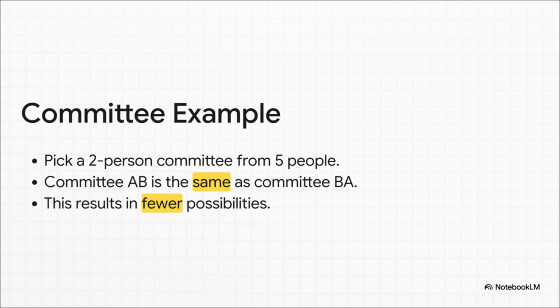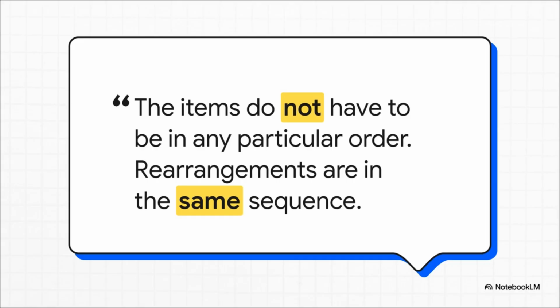So, is a committee of A and B any different from a committee of B and A? Nope. It's the exact same 2 people. And that's why the list of possible combinations is so much shorter than the list of permutations. To put it as plainly as possible, with combinations, shuffling the items you've picked doesn't create a new outcome. They're all just considered the same group.